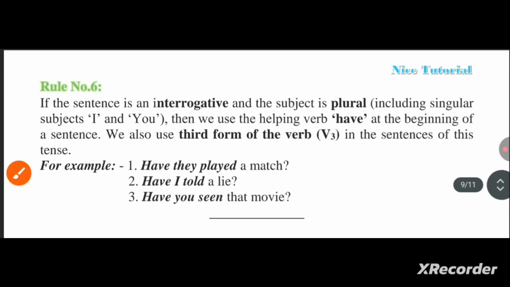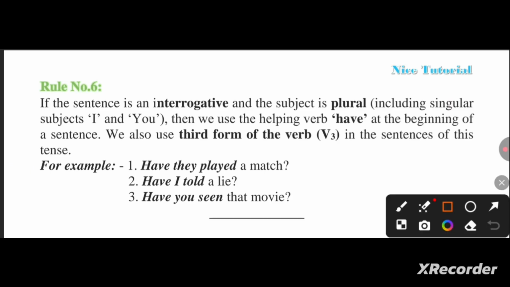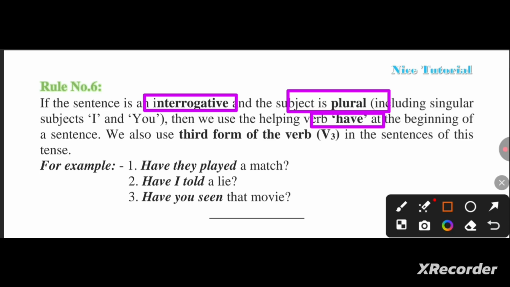Now, if the sentence is an interrogative one and the subject is plural, then we have to use the helping verb have at the beginning of a sentence, and third form of the verb is used in the sentences as we have discussed earlier.